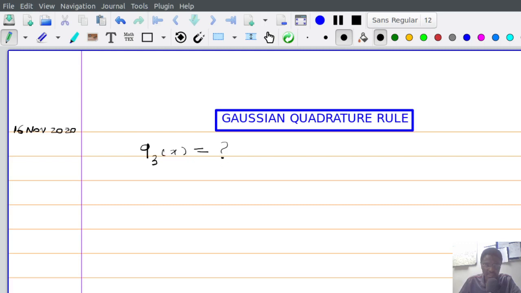So what is Q3(x)? We have n equals 3, and I substitute this value into the recursion formula.